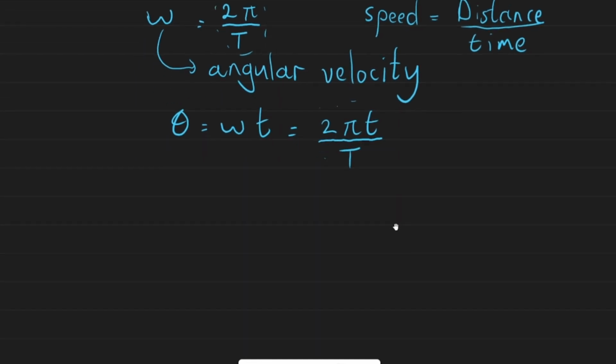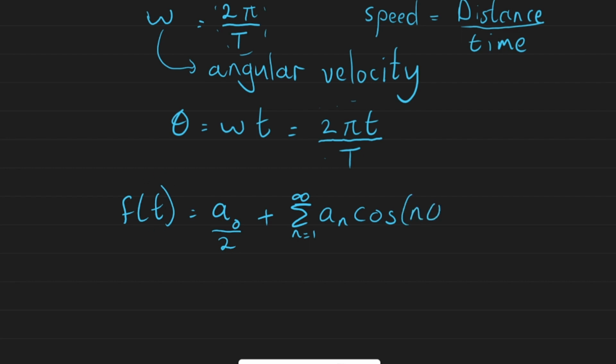So if we now write this Fourier series, this f of t is our y value. And if we just remember what the Fourier series is, it's a naught over 2, plus this sum where n starts from 1 and goes to infinity of an cos. And now we're considering theta. So instead of x, it's now theta, because we have this circle, and in this circle we have our different variables.